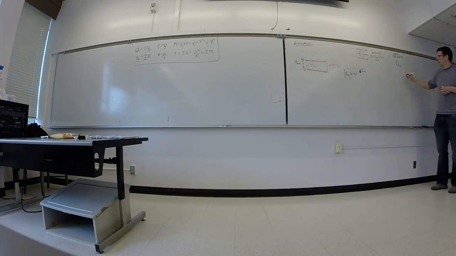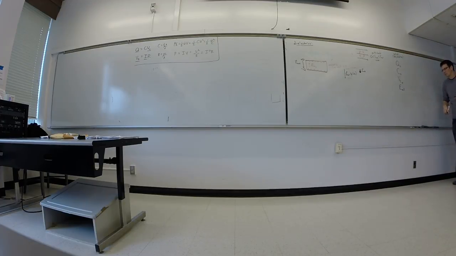Let's talk about the capacitance itself. Let's talk about the voltage across the capacitance. Let's talk about the electric field. Net, I guess. Actually, let's call it just E naught.